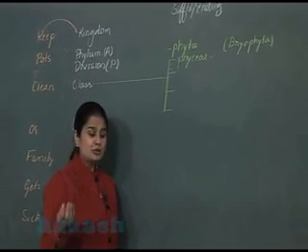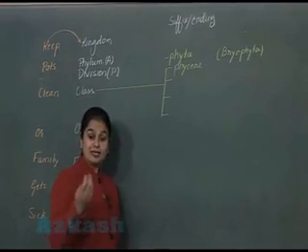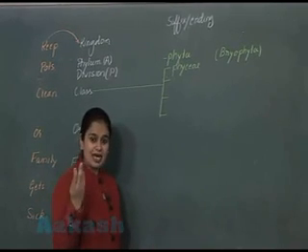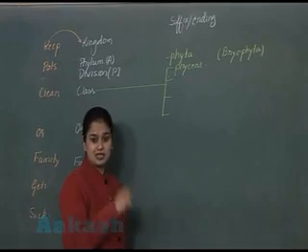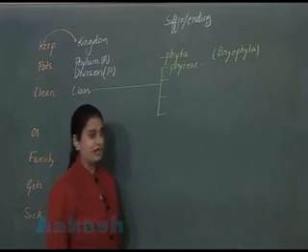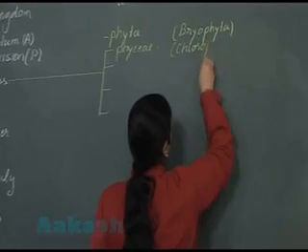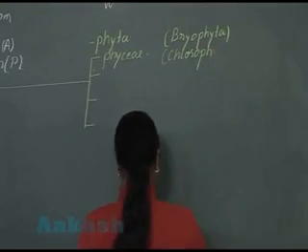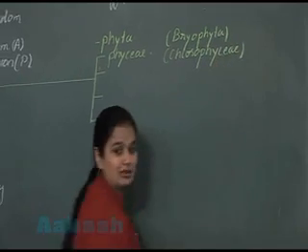Do you know green alga, brown alga, red alga? For the green alga, the name is Chlorophyceae. Chlorophyceae will represent green alga.